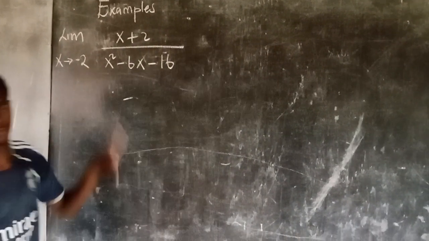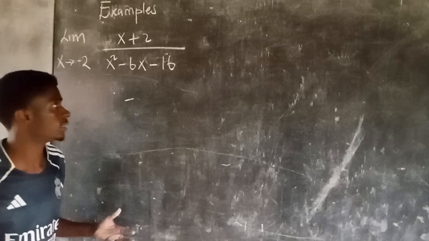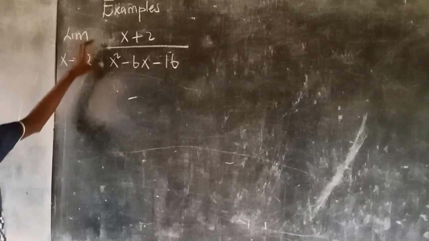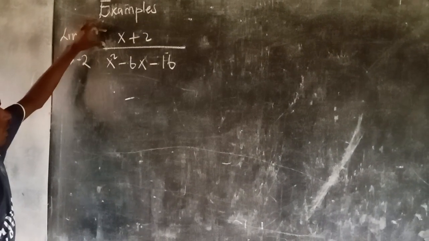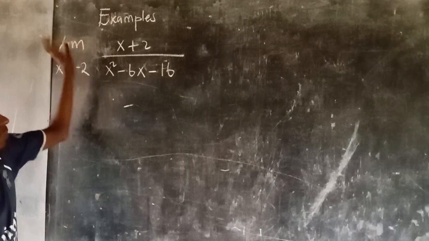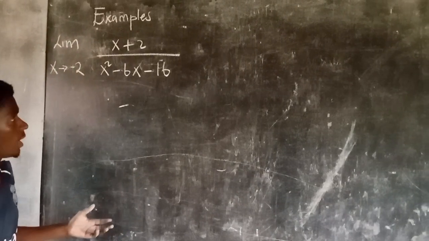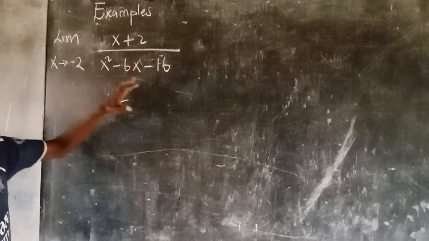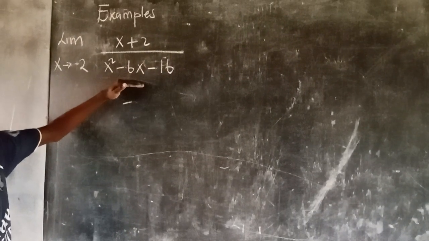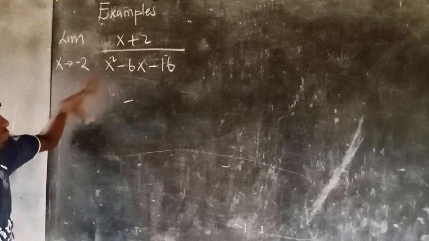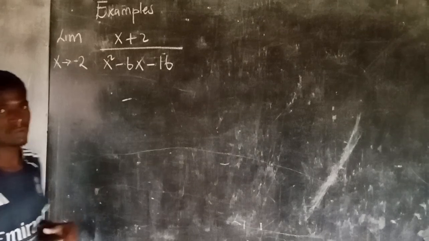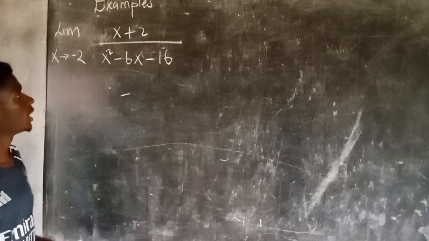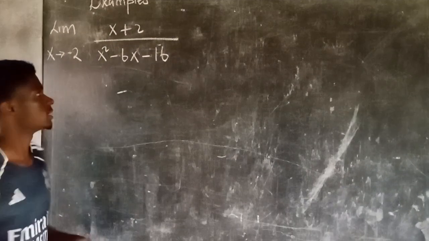You observe the function before you do anything. If you observe the numerator, there is nothing that you can do to the numerator to manipulate it further. But if you observe the denominator, you have a quadratic function as your denominator. So what do you do to a quadratic function? You factorize it.